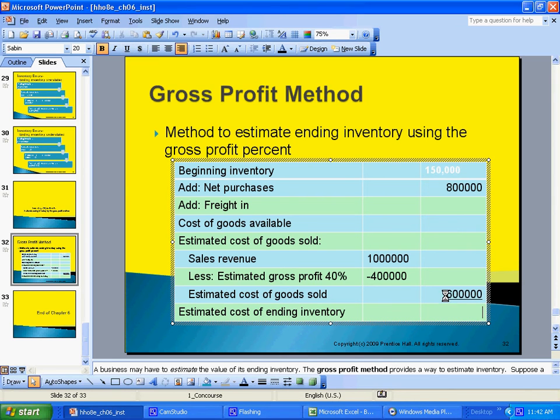sold was $600,000. Okay, so beginning inventory, slide 46, of $150,000, add our net purchases, that's our purchases less any returns plus any freight, that's what net purchases are, $800,000, gives us goods available for sale of $950,000.